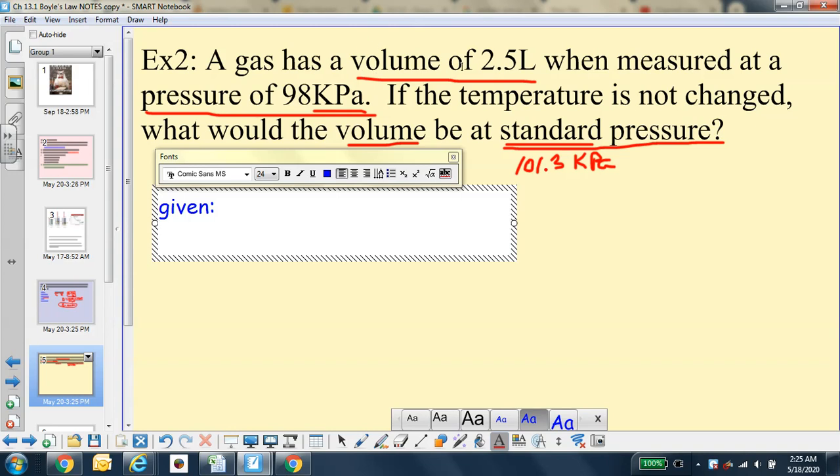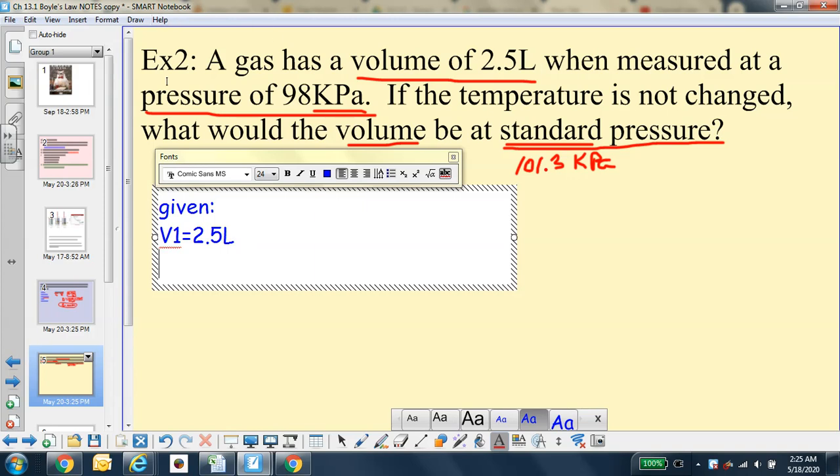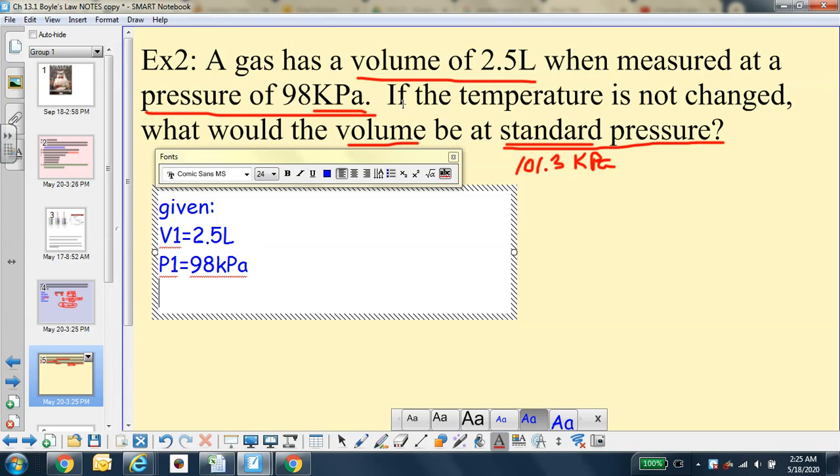So our volume 1 is 2.5 liters. Our pressure, P1, is 98 kilopascals. We don't have to worry about temperature. It tells us it's not going to change, so we don't bother to even put it down.